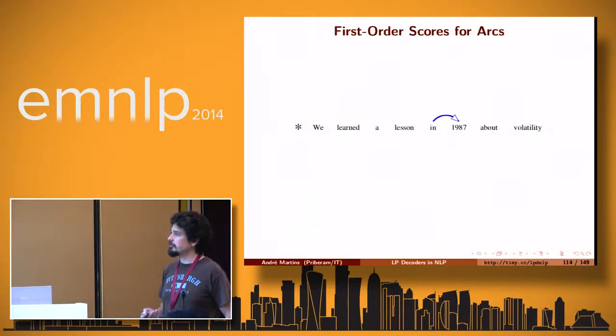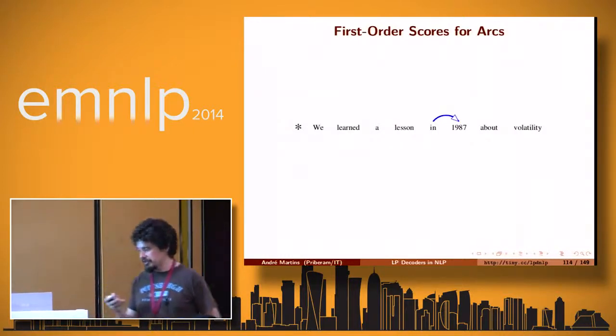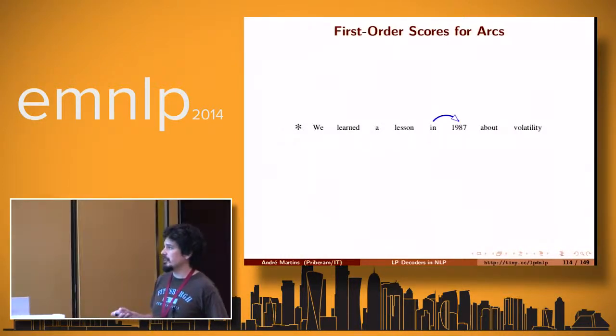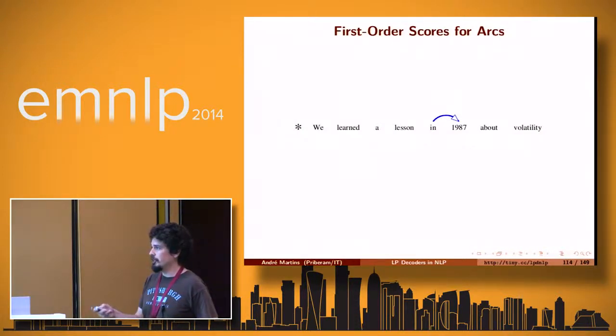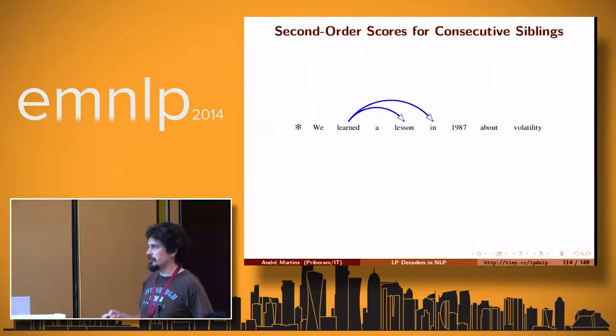Okay, so we are going to devise a model that combines a lot of different scores. We have scores for dependency arcs. These are the most basic ones. Every pair of words gets a score related with the fact that there is an arc connecting these two words. But we're also going to have some second order scores.